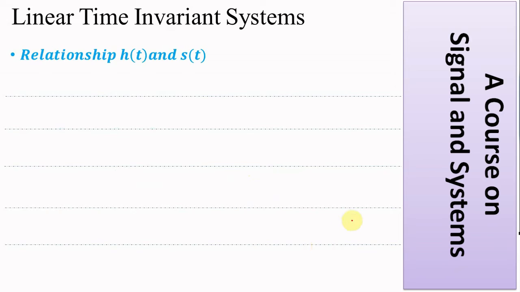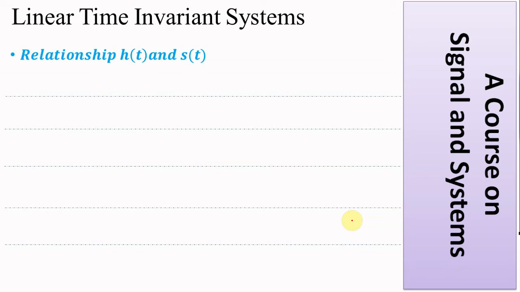What is the relationship between the two? In continuous time and in discrete time, both we will see. So if I have to define it for continuous time systems, h(t) is the impulse response, s(t) is the step response of the system. The relationship is built on the relationship between unit impulse and unit step signals.